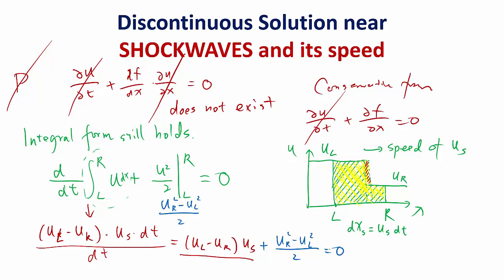Right? So US is equal to UR squared minus UL squared over 2 divided by, actually I need to move that to the right-hand side, so it becomes UL minus UR, right? Divided by UL minus UR. If you expand UL squared minus UR squared into UL plus UR times UL minus UR, this whole thing is equal to the average of UL and UR.